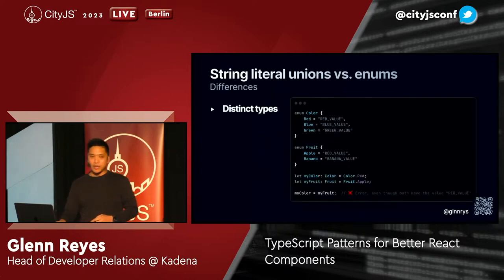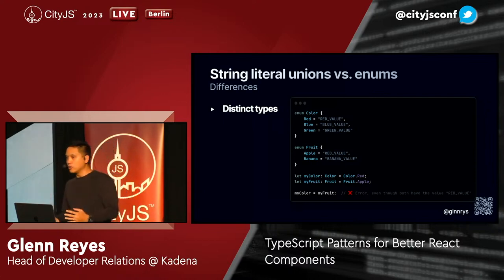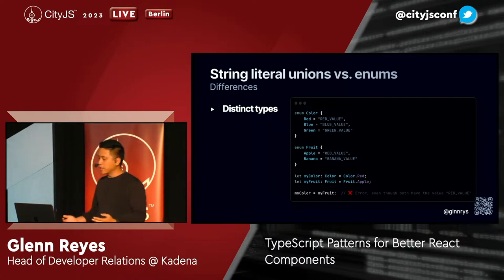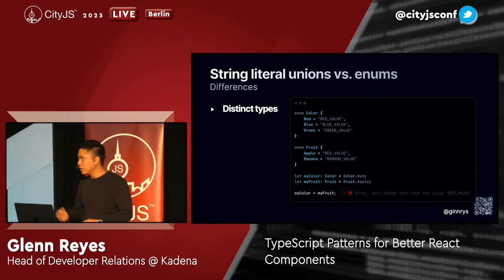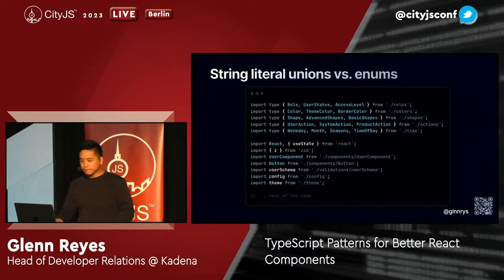So enums are very similar to string literal unions. But a good thing with enums is that even if you have the same value of string literals, you can still be distinct with them. So for example, if you have a red value and that is defined in two different enums, they're still not going to be considered the same.